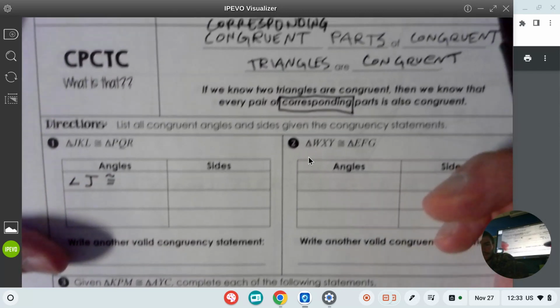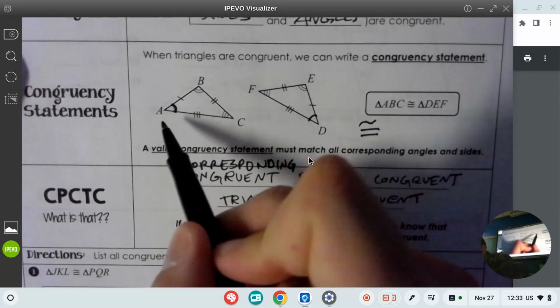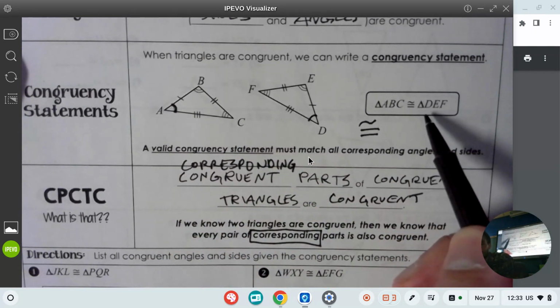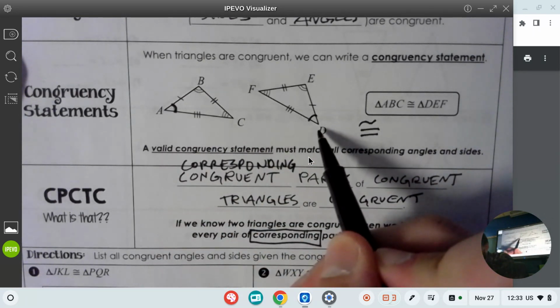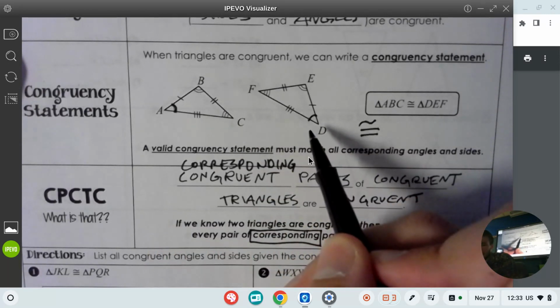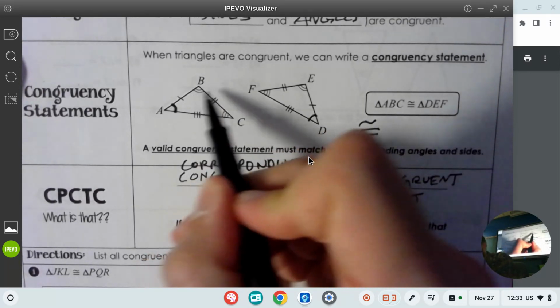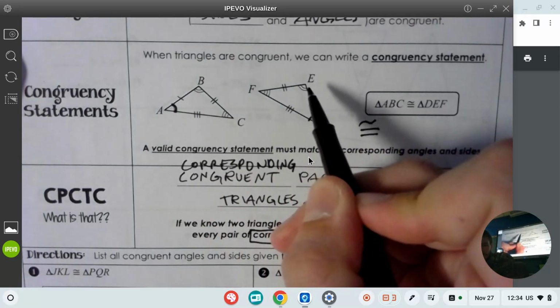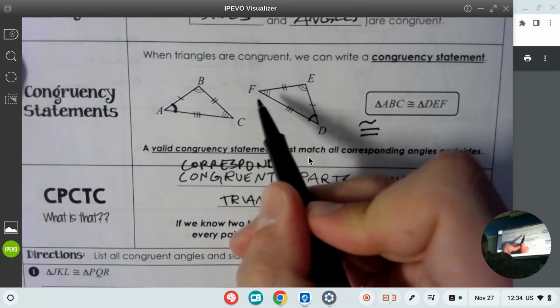Now, if we look back here, they said A first and D first. Are A and D matching? Yes. Then they said B, and then they said E. Are B and E matching? Then they said C, then they said F.